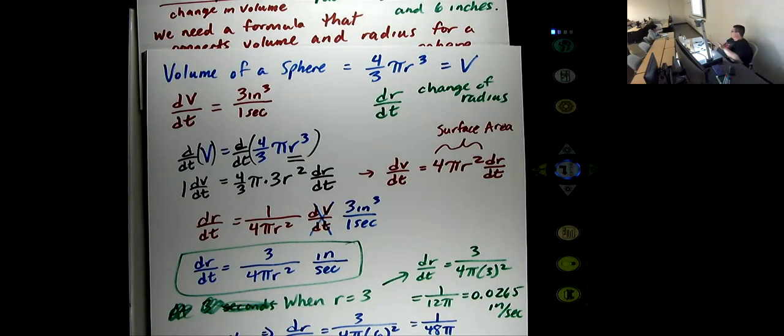So if air is being pumped into it at a constant rate, when the bubble's small, it's growing faster than when the bubble's bigger. When the bubble's bigger, it takes more air to make the radius grow as much, so it has to be pumping for longer. Notice it's faster when it's smaller, 0.0265 versus 0.006.